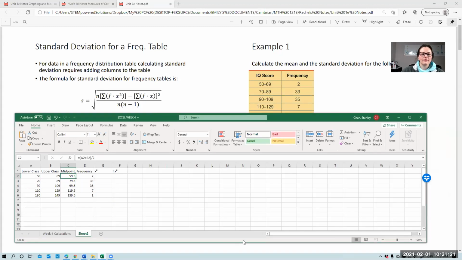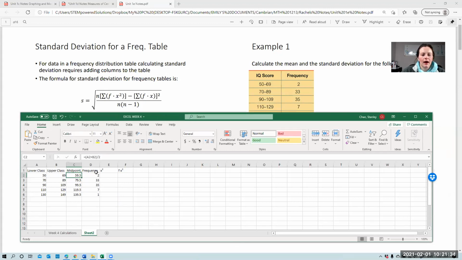Yes. Okay. So for data in a frequency distribution table, calculating the standard deviation requires adding columns to the table. The formula for standard deviation is as follows. I should probably start from the beginning, because I needed you to watch what I was doing in Excel. You can see what's going on in Excel now?